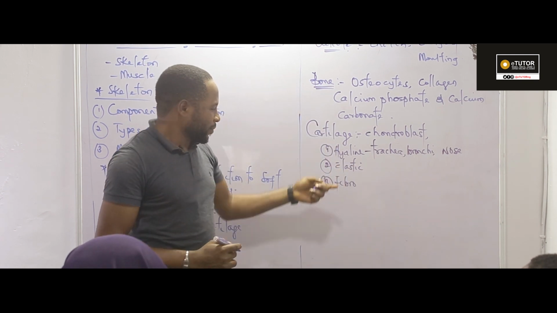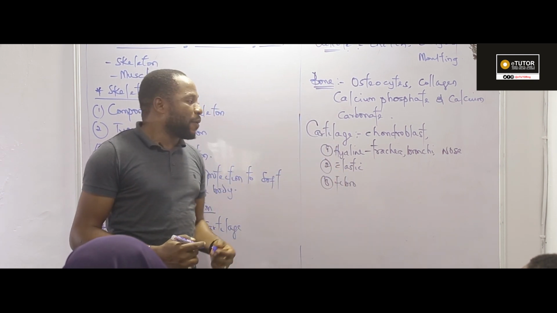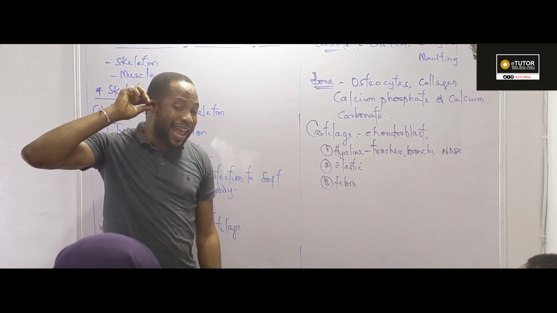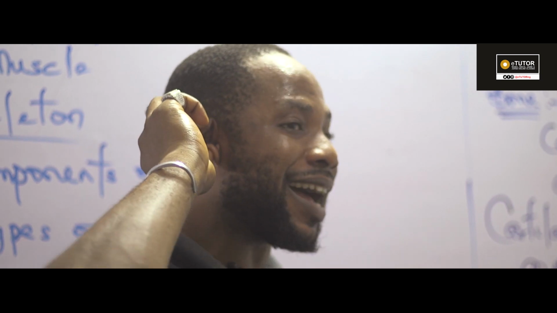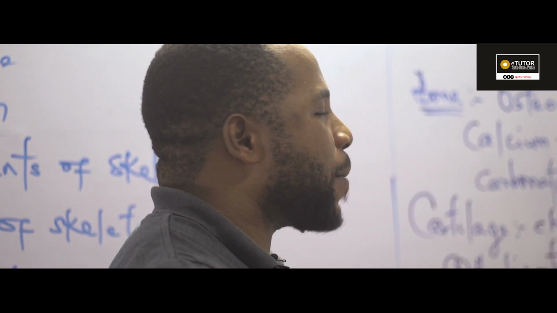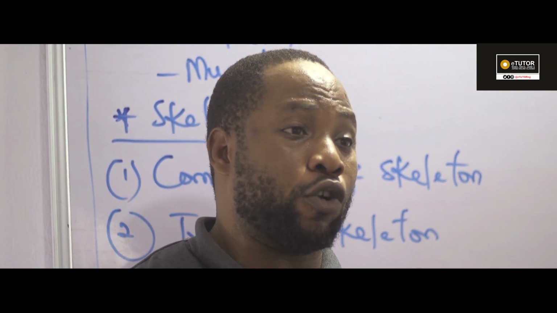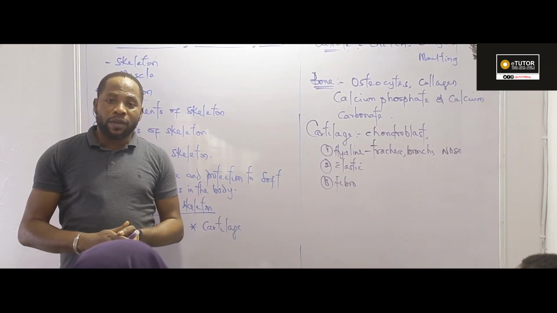Nose. The elastic cartilage can be found in our pinna. The external ear is made up of elastic cartilage, while fibrocartilage is found in the disc of the vertebral column between 2 vertebrae.